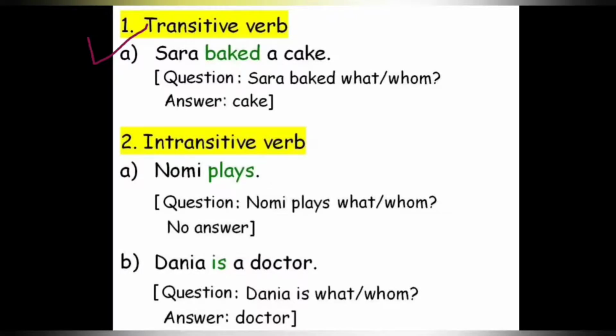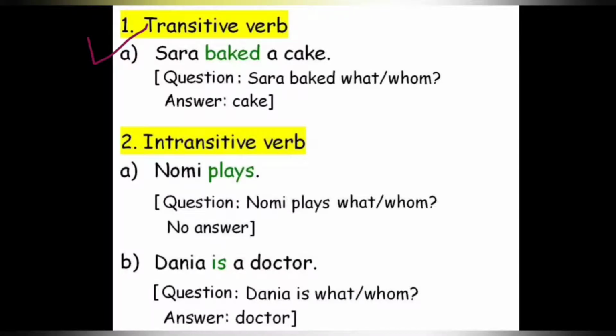So whatever answer you are getting is your object. Raman opened what? The door.